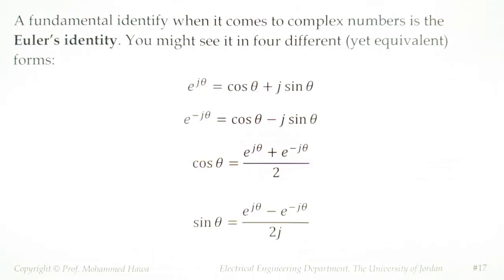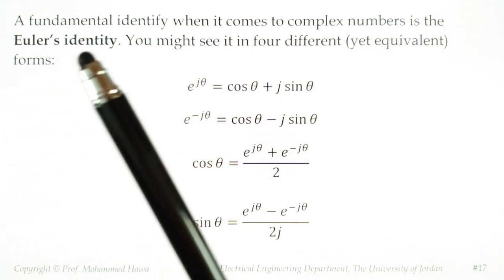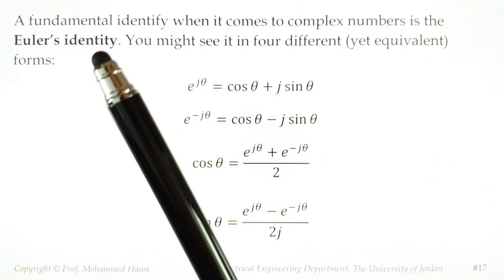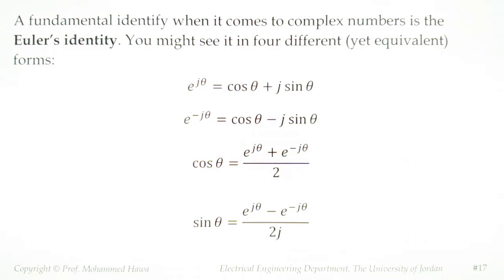When we work with complex numbers, we often encounter a very important fundamental identity, which is known as Euler's identity. You will see that we can express this identity in 4 different forms. All those forms are very important. Please remember all of them because we'll need them later on.